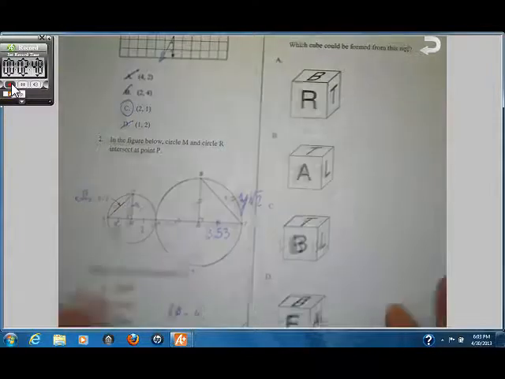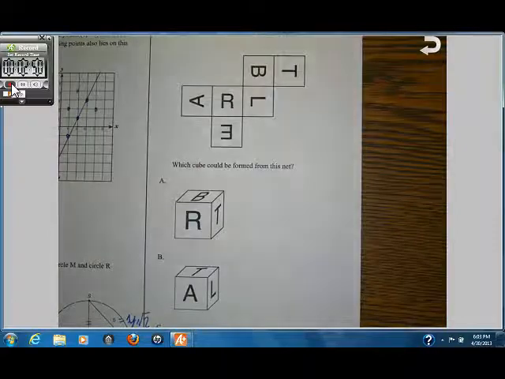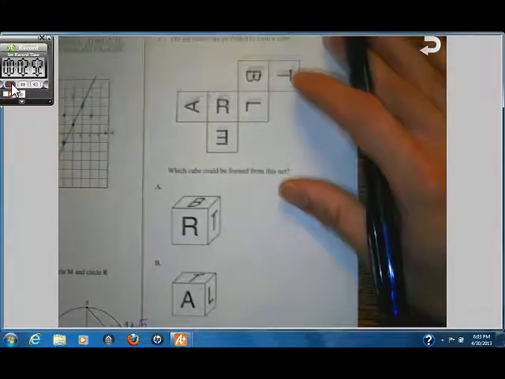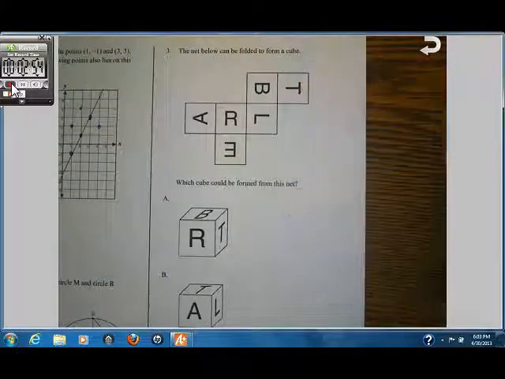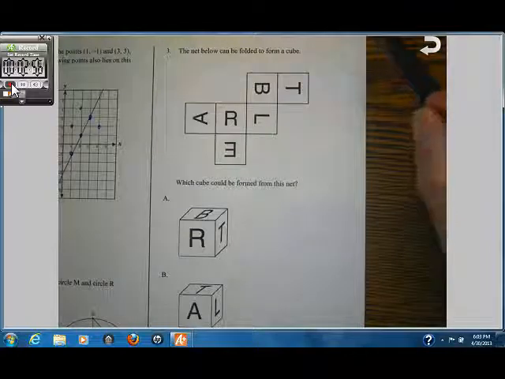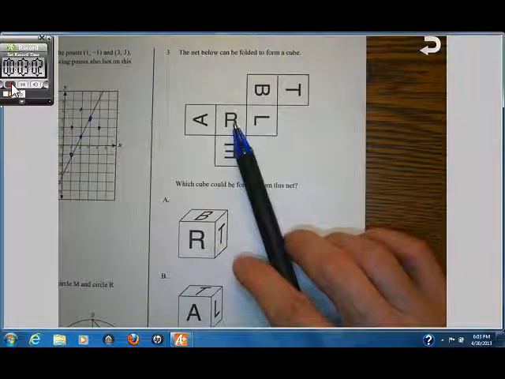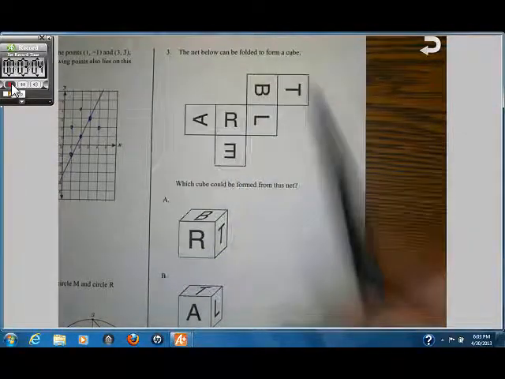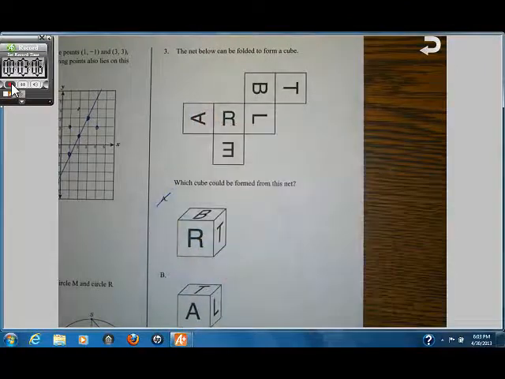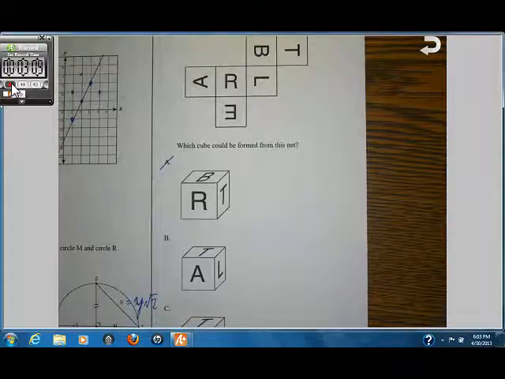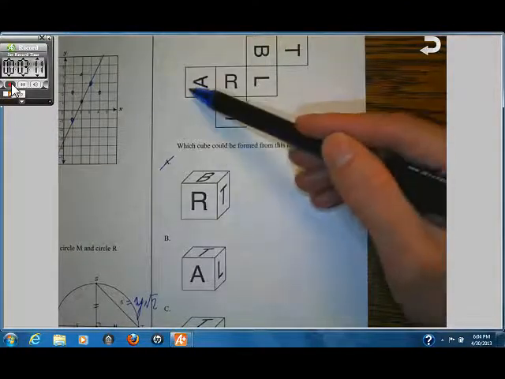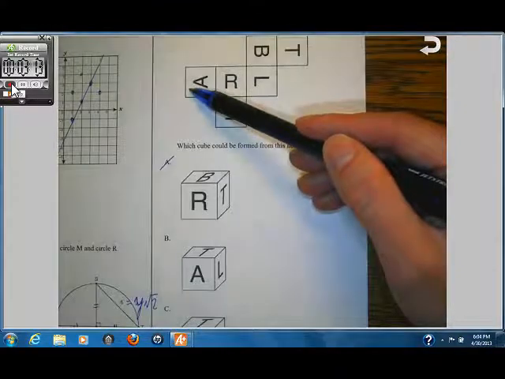Number 3, you were being asked to find the net. And so you want to look closely at each character and what's adjacent to it. If I look at R here, T is not adjacent to it, so I can eliminate it. If I look at choice B, A, L might be adjacent to it, but really isn't, and T certainly is not.